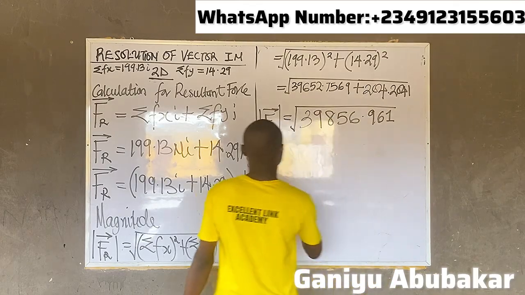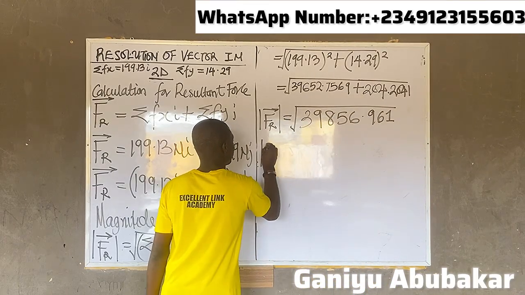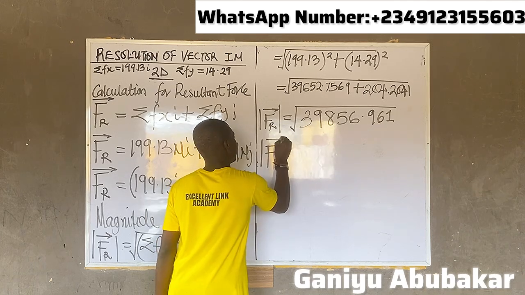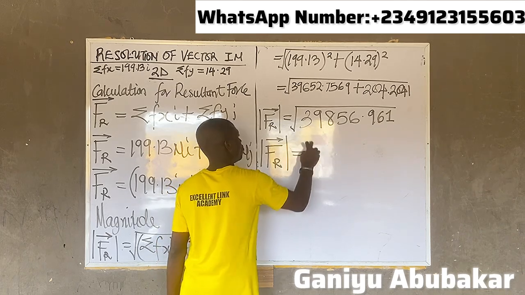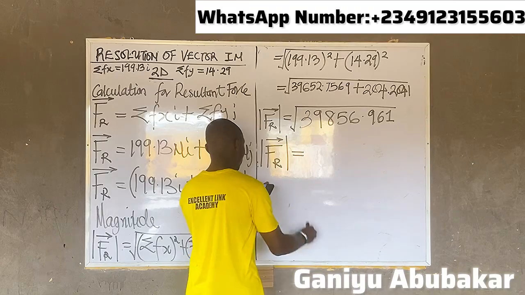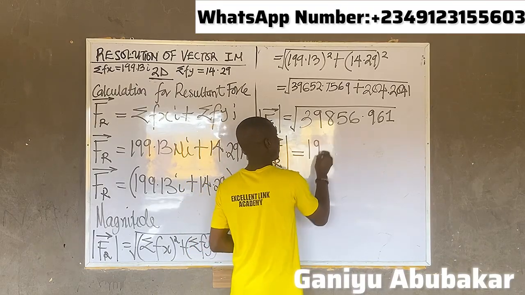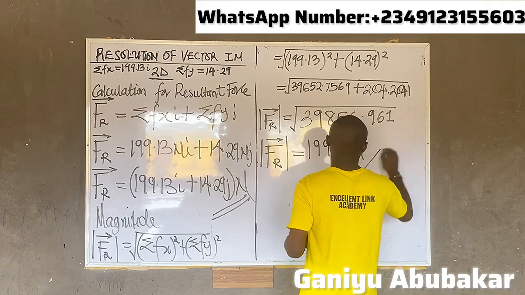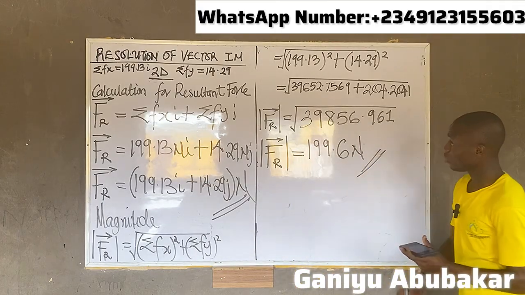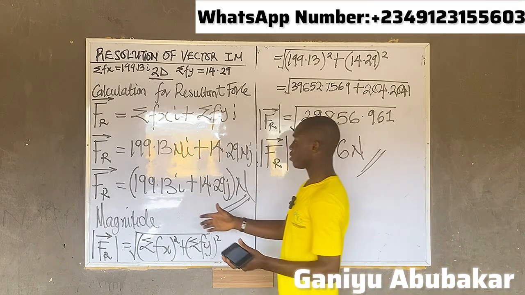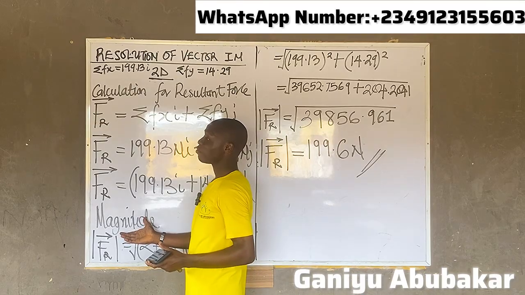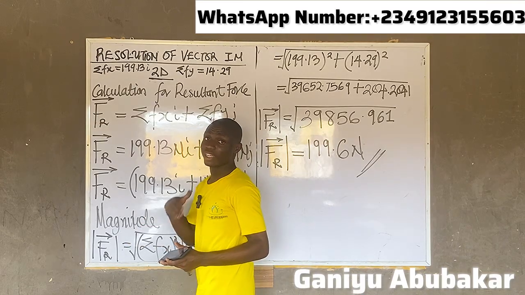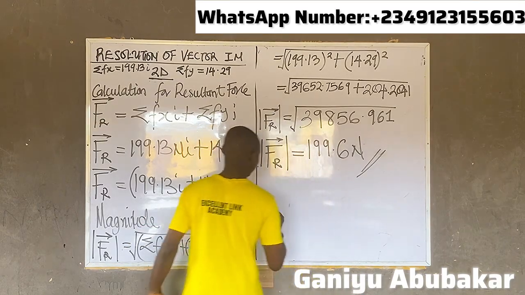All right, so it means that the magnitude of resultant force would be equal to the square root of this value. I have about 199.6 Newton. This is my magnitude of the resultant force. Also, we're asked to find the direction, and that's theta. So let's look for direction, please.